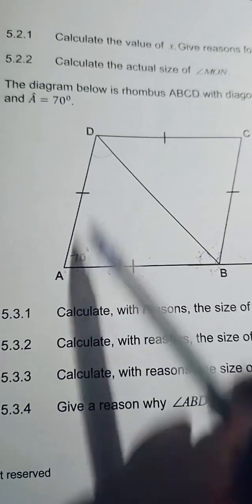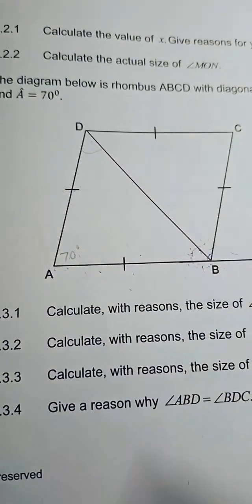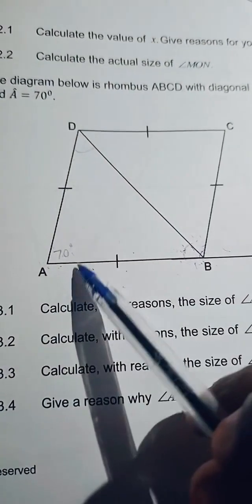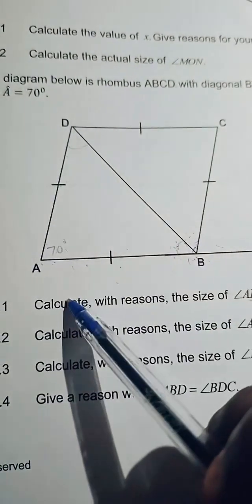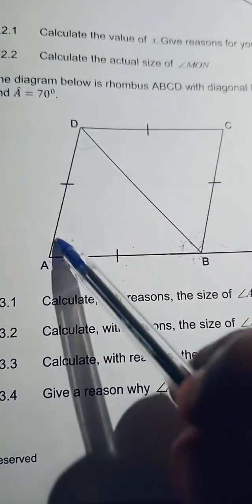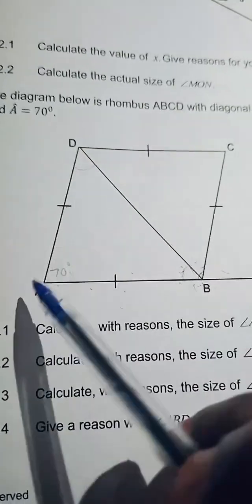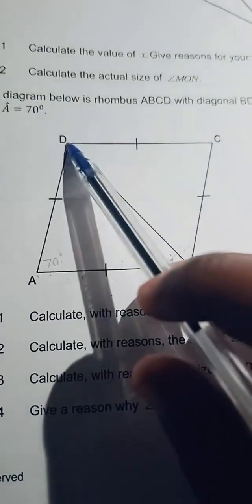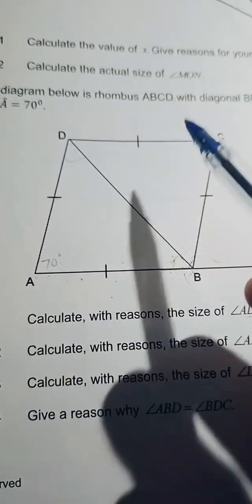And what do we know about co-interior angles? The sum of co-interior angles gives you 180 degrees. Okay, so that would mean this angle and this angle together should give you 180. So what you would then do is you would say angle A, which is 70 degrees, plus angle ADB plus angle CDB together gives us 180 degrees.